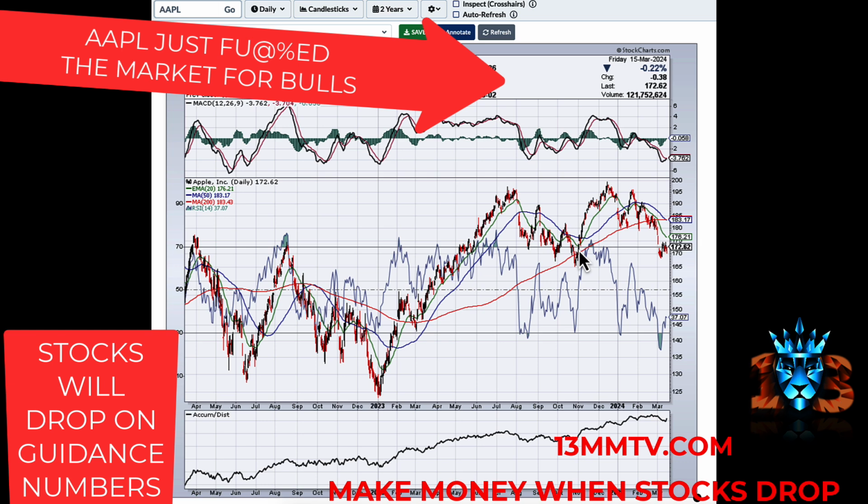If you're the CEO of Apple, clearly you would have known your China sales are going to drop, but you withhold this, and as a result, or partially, the chart looks like this, because they didn't say anything about it. Well, they say something about it here. We caught it back here, knowing that, yes, how can Apple sales not get hit in China? It was self-evident to us here at 13 Market Moves.